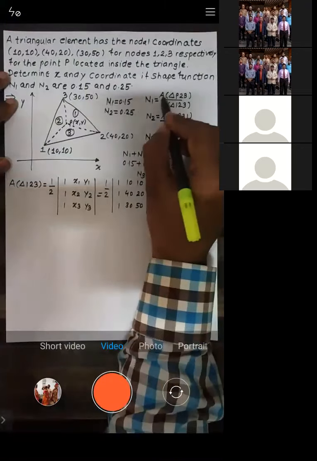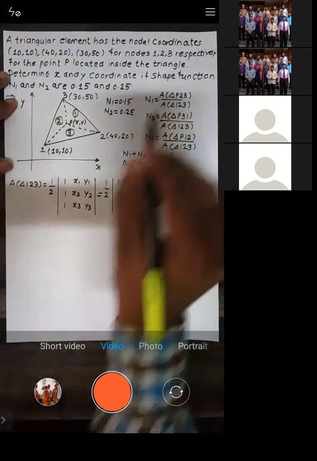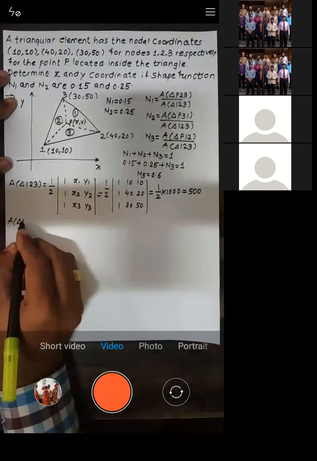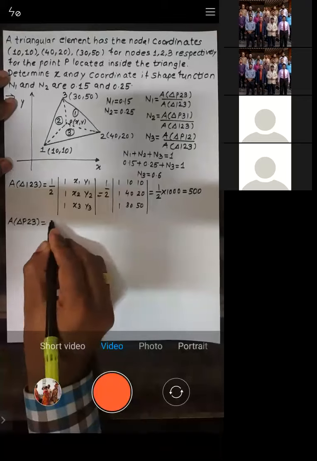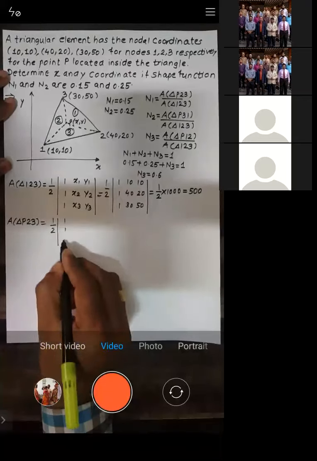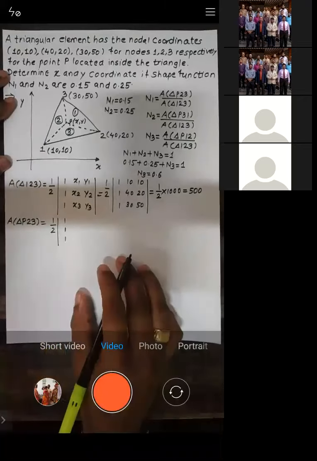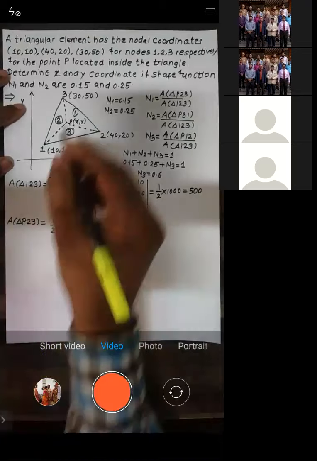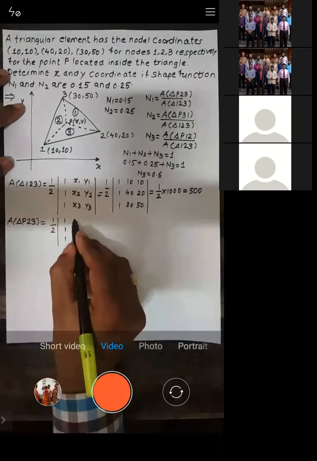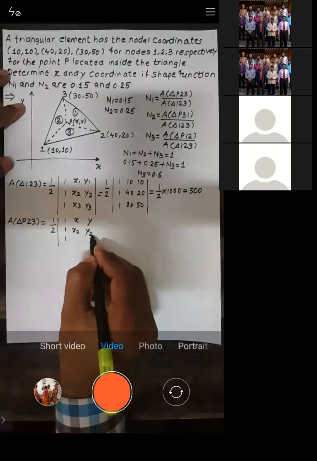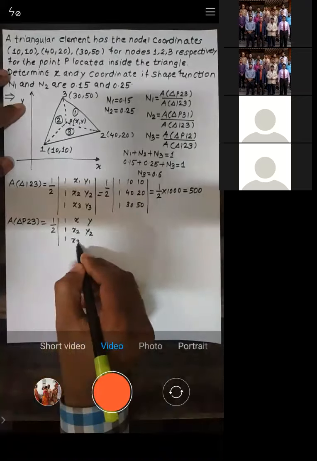Now let's see. We have calculated the area of triangle 1, 2, 3. Now calculate the area of triangle P23. How will we do that? Half into the determinant of 1, 1, 1, then for P, what are the coordinates? X and Y. For node number 2, it is X2, Y2. For node number 3, it is X3, Y3.